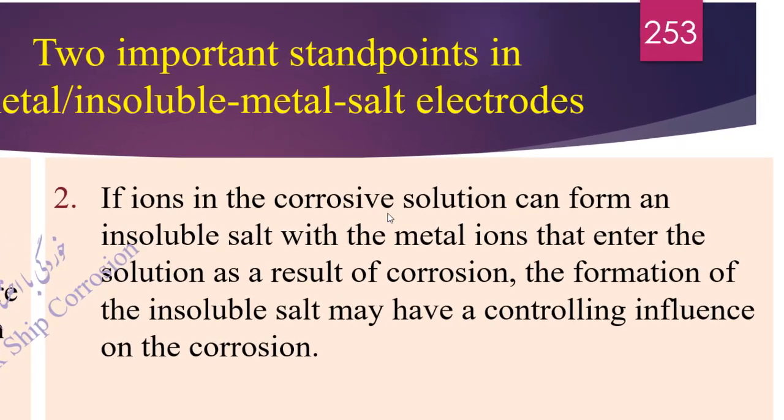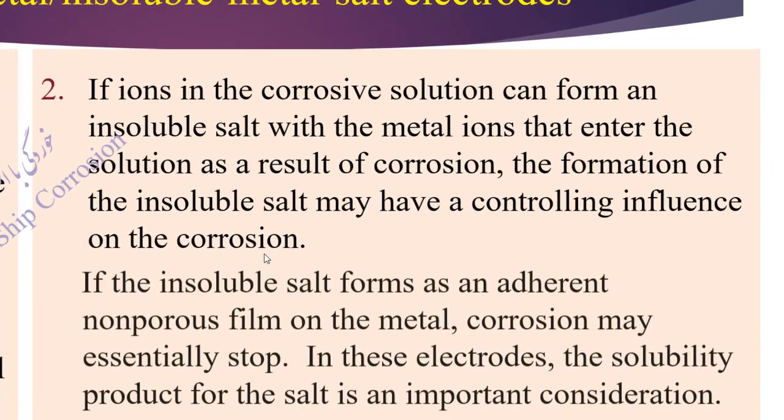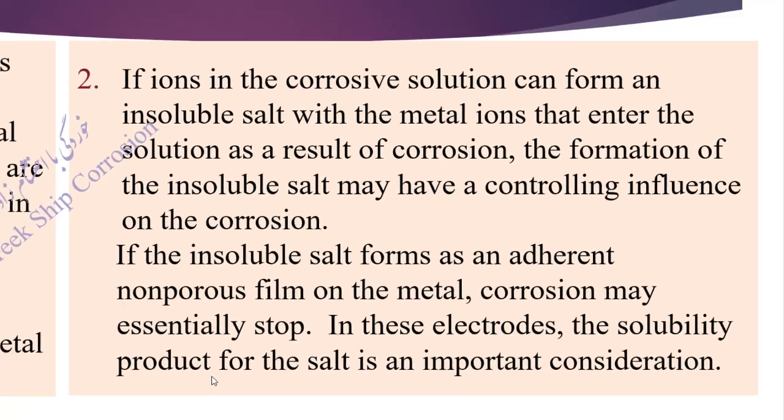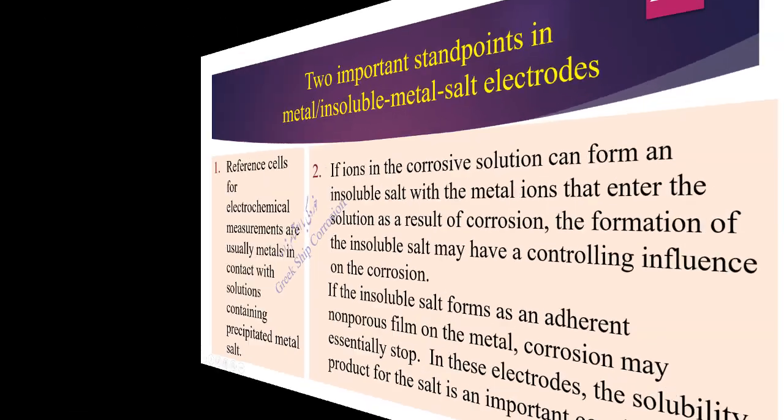If ions in the corrosive solution can form an insoluble salt with the metal ions that enter the solution as a result of corrosion, the formation of the insoluble salt may have a controlling influence on the corrosion. If the insoluble salt forms as an adherent non-porous film on the metal, corrosion may essentially stop. In these electrodes, the solubility product for the salt is an important consideration.